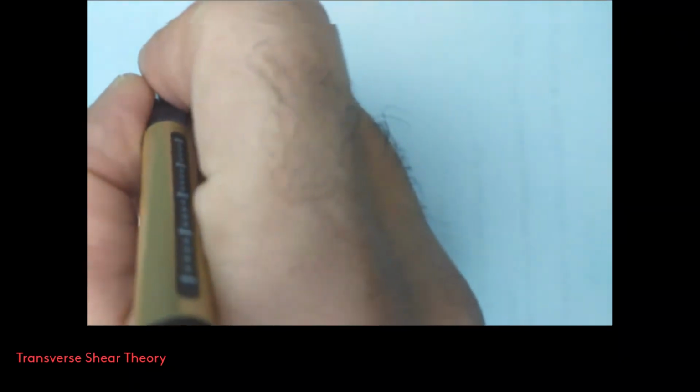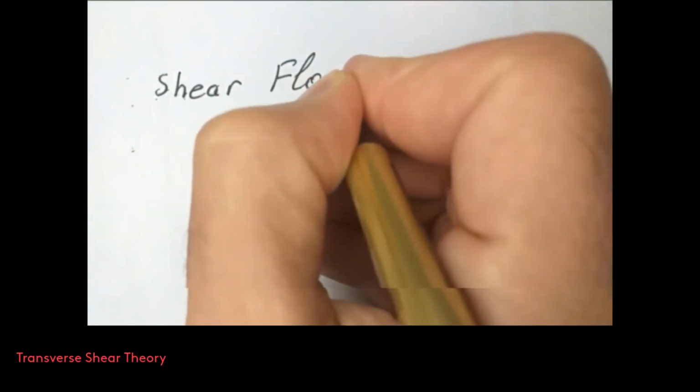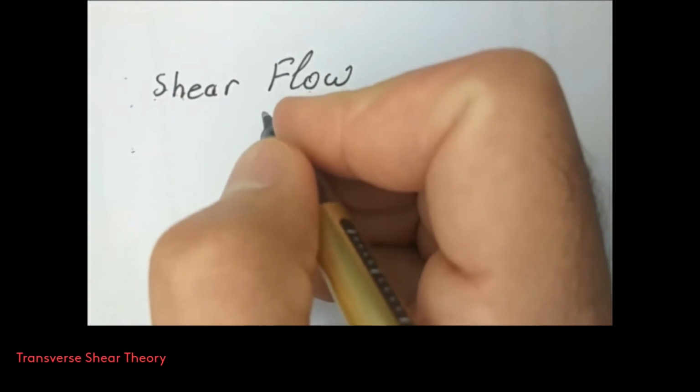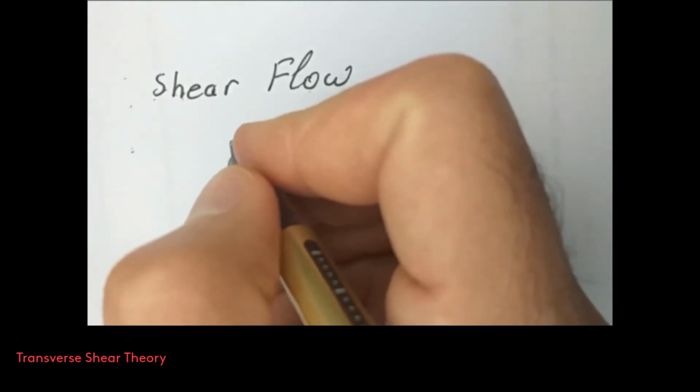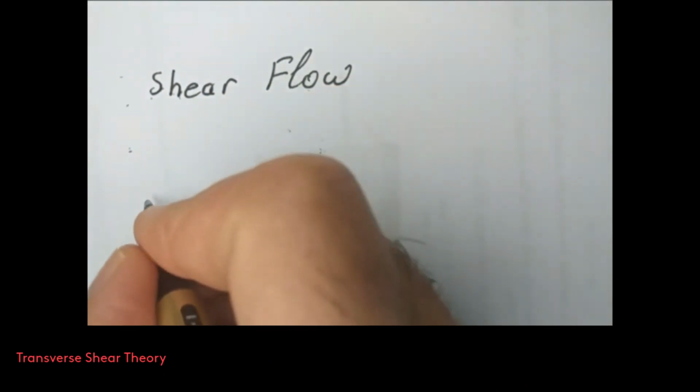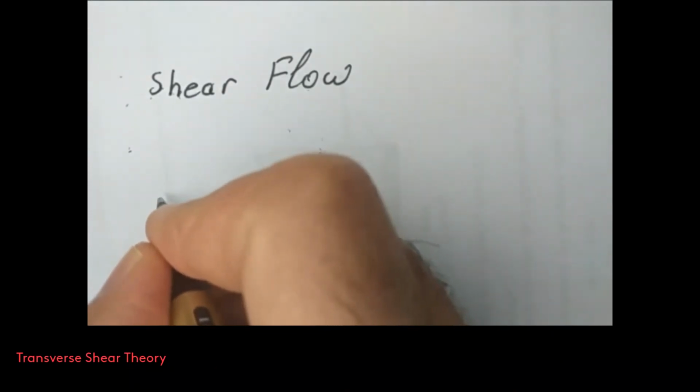Okay, so we have a new definition, in fact, something new, which is called shear flow. So what's shear flow? We generally make the cross section by different members.